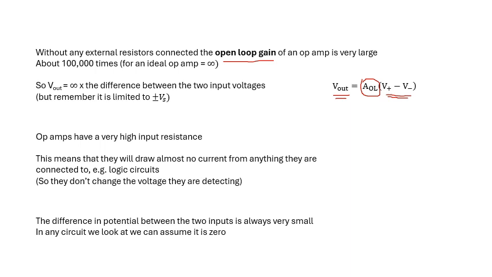The difference between the two inputs, so the difference between the voltage at the non-inverting and the voltage at the inverting input, is always very, very small. And in fact, in our little analysis, we assume that it's actually zero.